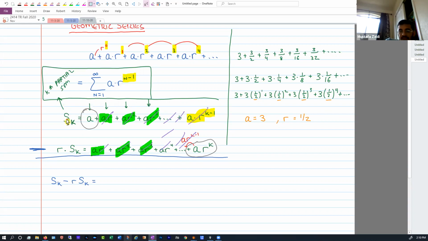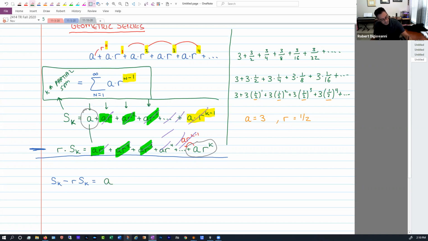For right now, just look at the sum of the first k. The sum of the first k is this. Now, if I multiply that by r, I get this. And if I take this and subtract this, I get the a from the front. And then I have to subtract this one, so minus a times r to the k.